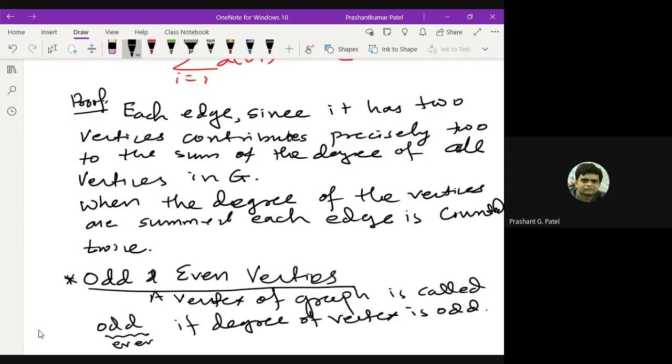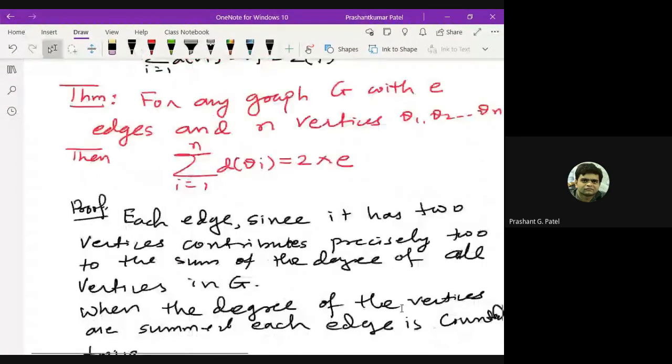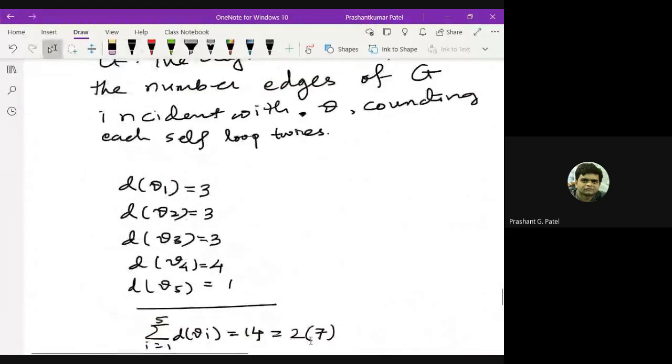That means if it is even, then the degree will be even. So for example, in the above graph, there are 1, 2, 3, 4 odd vertices and 1 even vertex.